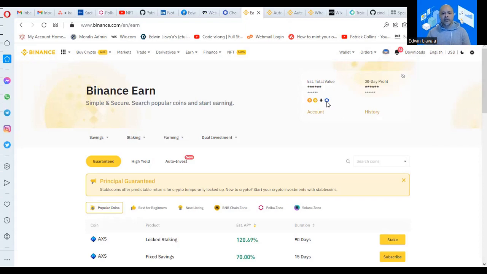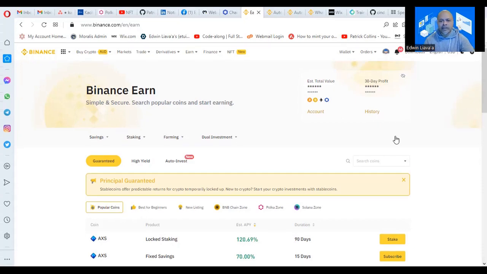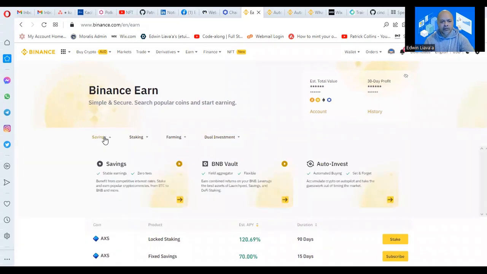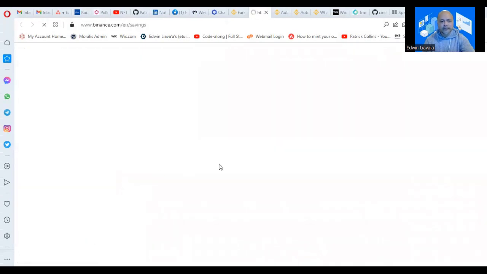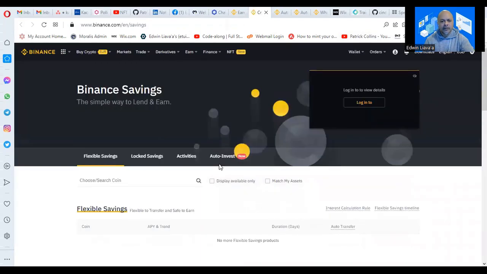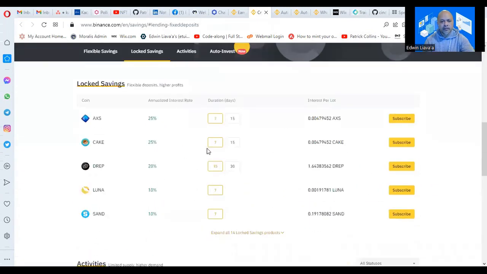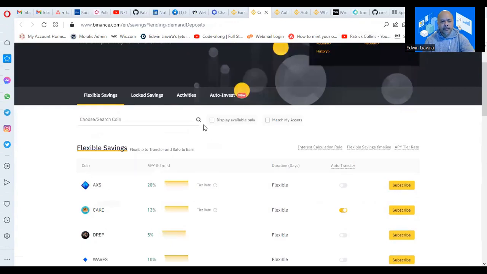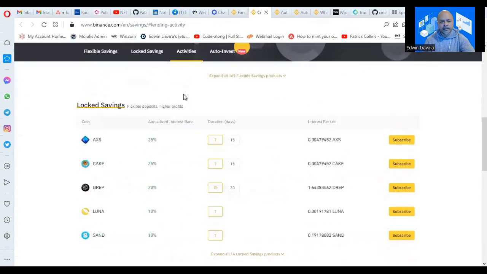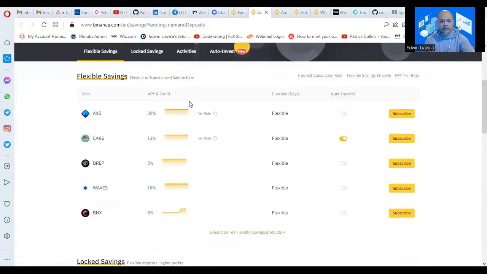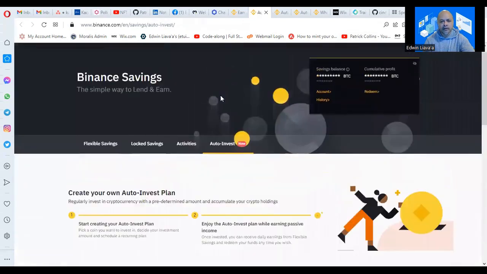By the way, these are my 4 horsemen: Bitcoin, Binance USD, Ethereum, and Link. You do savings on Binance Earn. So click on savings. In Binance savings, you see flexible savings, locked savings, activities, which will show what you've been doing with your account, and auto invest, right?